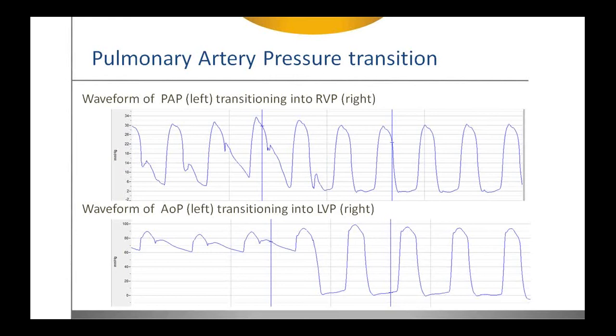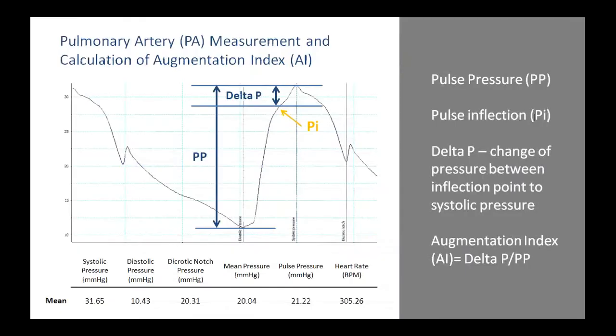Finally, we're getting into the augmentation index, which will be in the next slide. The augmentation index is explained on the pulmonary artery pressure wave. Here, PP stands for pulse pressure on the left, that is delineated by the blue arrow starting at EDP, and it's peaking at the pulmonary artery pressure peak, reaching a systolic peak pressure.